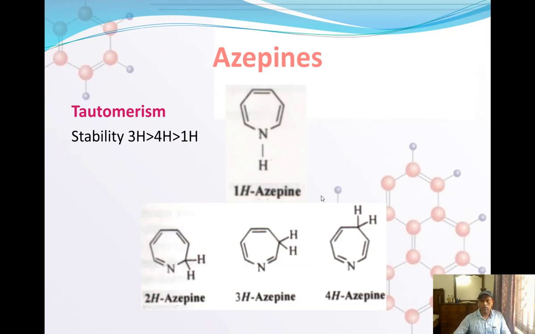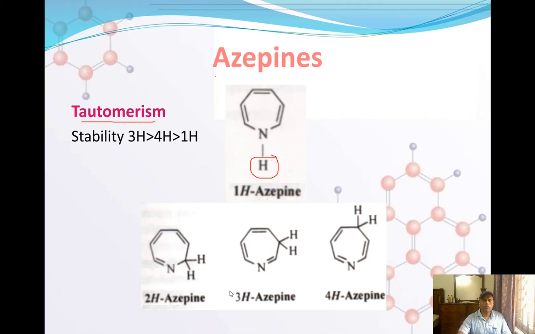Next, these azepines show tautomerism, right? Tautomerism is nothing but a difference in the hydrogen atom presence. So this is one tautomeric form, 1H-azepine.